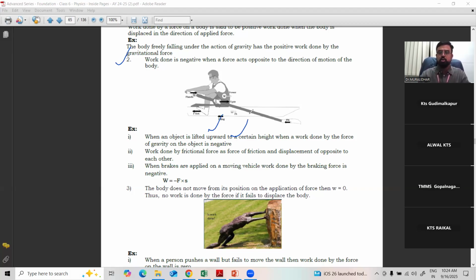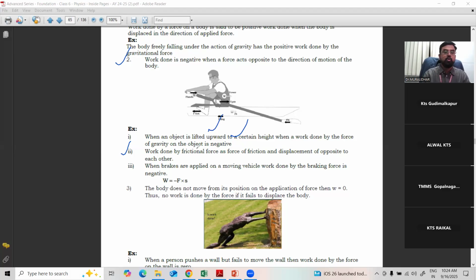Suppose some body is there down, your bag is there. When you are lifting your bag upwards by applying force, the gravitational force acts in the downward direction, while the body is moving in the upward direction. Correct? That comes under negative work. It means the force applied and the direction of displacement are in opposite directions. We can say work done is negative.